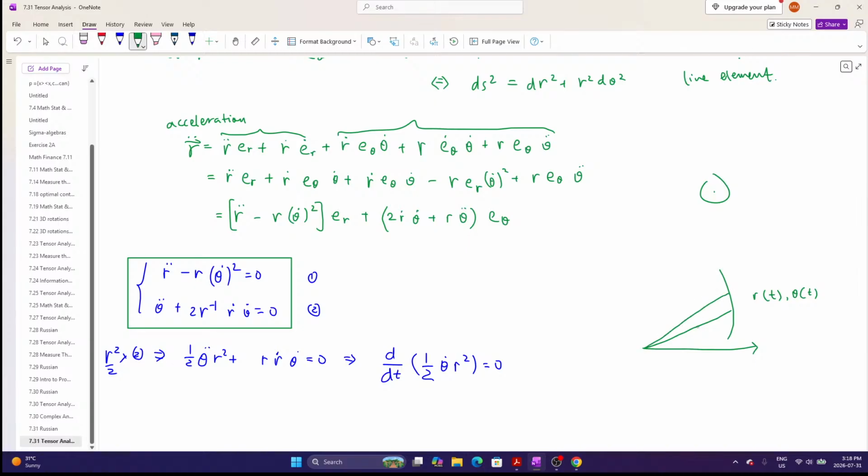This is the swept area in a small time interval. Does that make sense? So you can think of this as a right triangle, because this part is negligible.